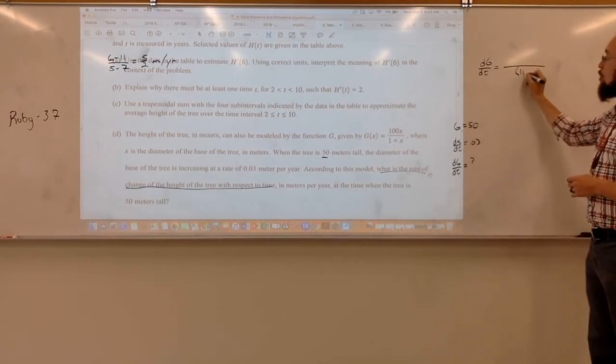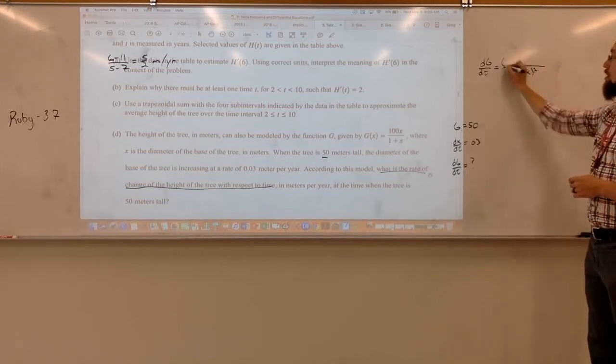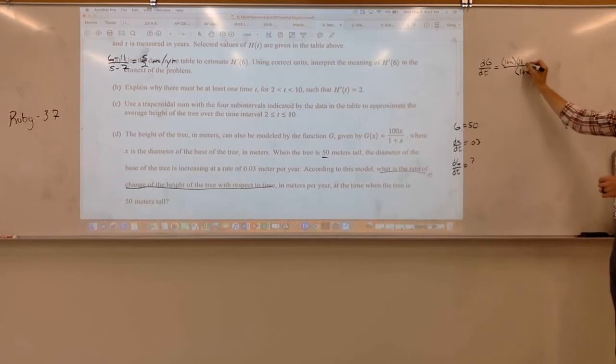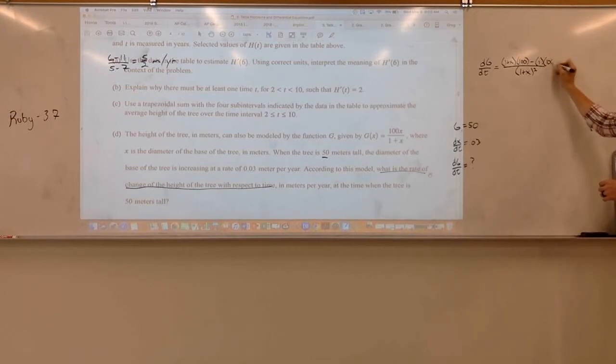So that'll be 1 plus x squared. Bring that 1 plus x straight up times the derivative of the top, which should be 100, minus the derivative of the denominator, which would be 1, times 100x. And I actually forgot something, didn't I?